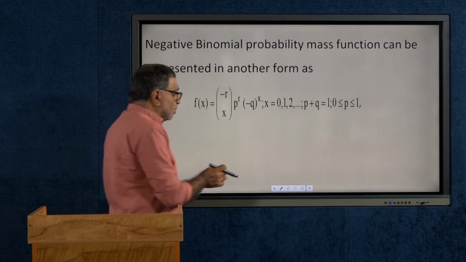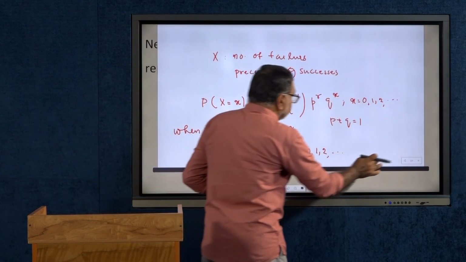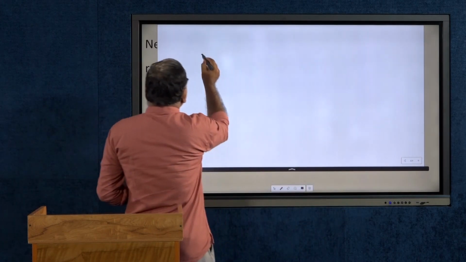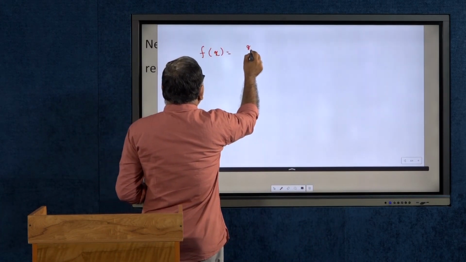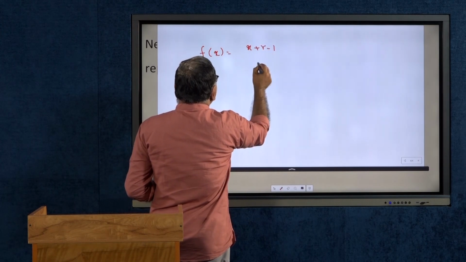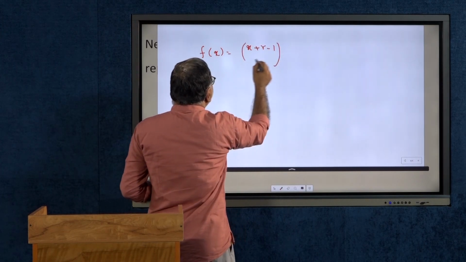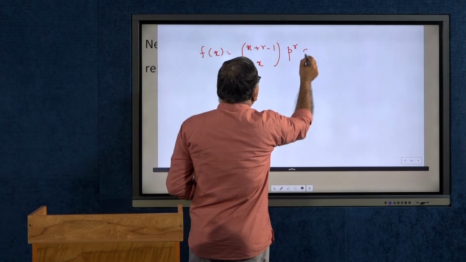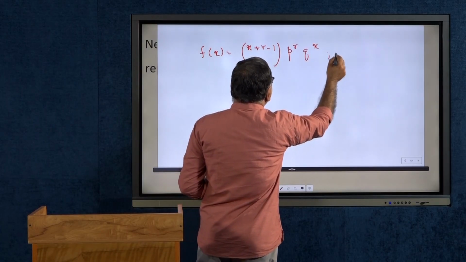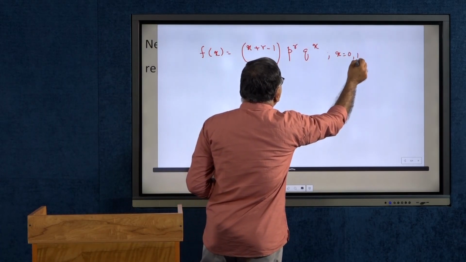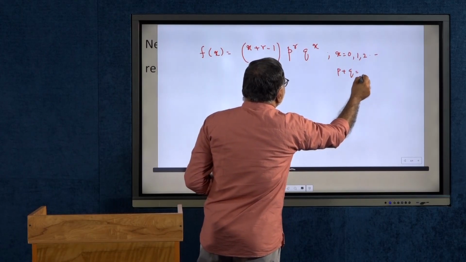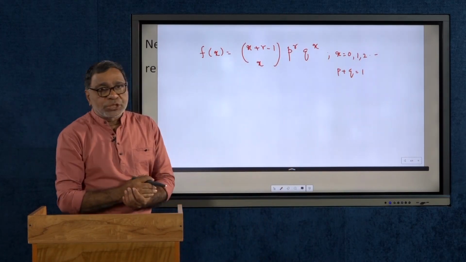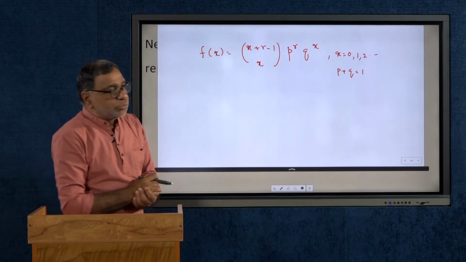How is it possible? We have f of x equal to x plus r minus 1 C x, p power r, q power x, of course x is equal to 0, 1, 2, 3, etc., and p plus q is equal to 1. This is our probability mass function of the negative binomial distribution.